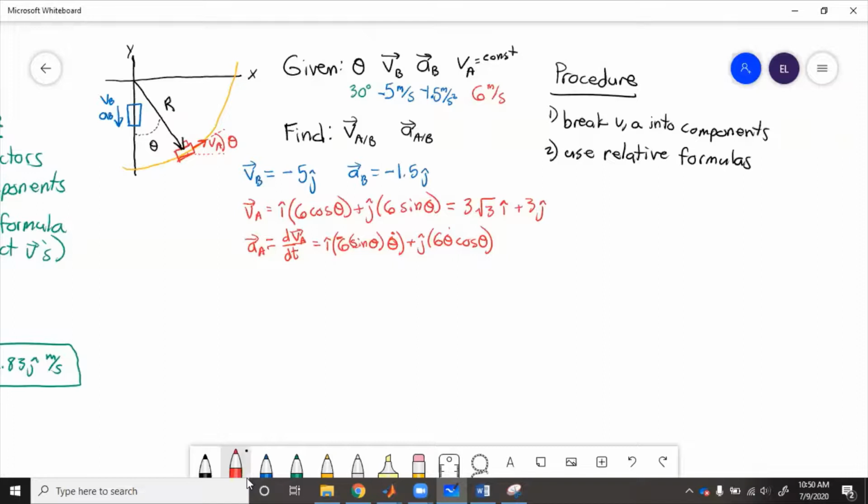But then what is theta dot? Well, think about how quickly theta is changing. It's got to be related to that speed, and it's related to the radius. Theta dot is in radians per second, velocity is in meters per second, r is in meters.